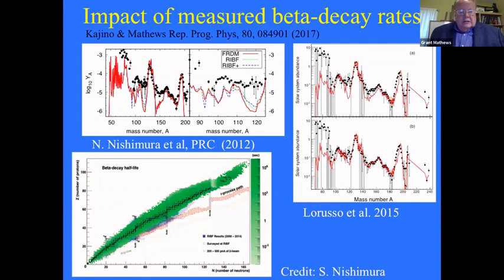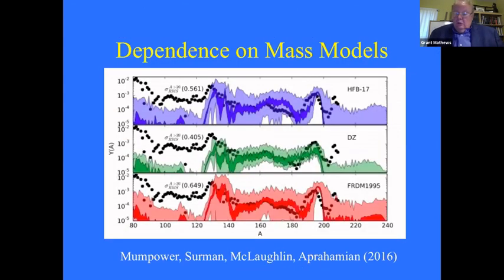But of course, FRIB and so forth will have a much better chance, particularly important to try to probe properties of nuclei and beta decay rates near the 195 peak. We'll probably hear from Rebecca also the importance of mass models and understanding. Again, you have to produce the nuclei, determine their masses, determine their beta decay rates.